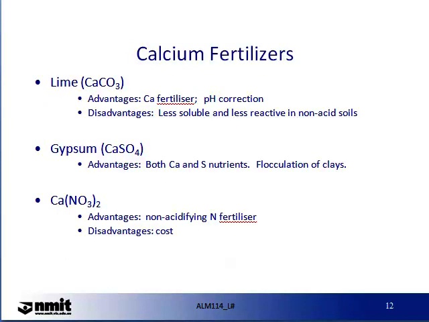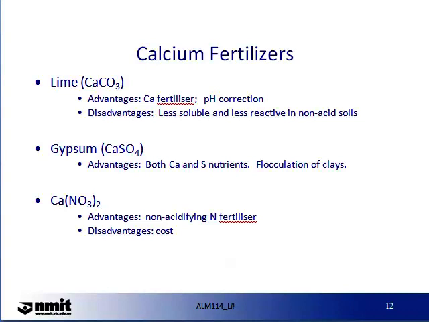Now let us have a look at some of the commercially available calcium fertilizers. Lime is calcium carbonate. The advantage of providing calcium in a fertilizer in the form of lime is that it allows for pH correction. The disadvantage is it's not as soluble and less reactive in non-acidic soils.